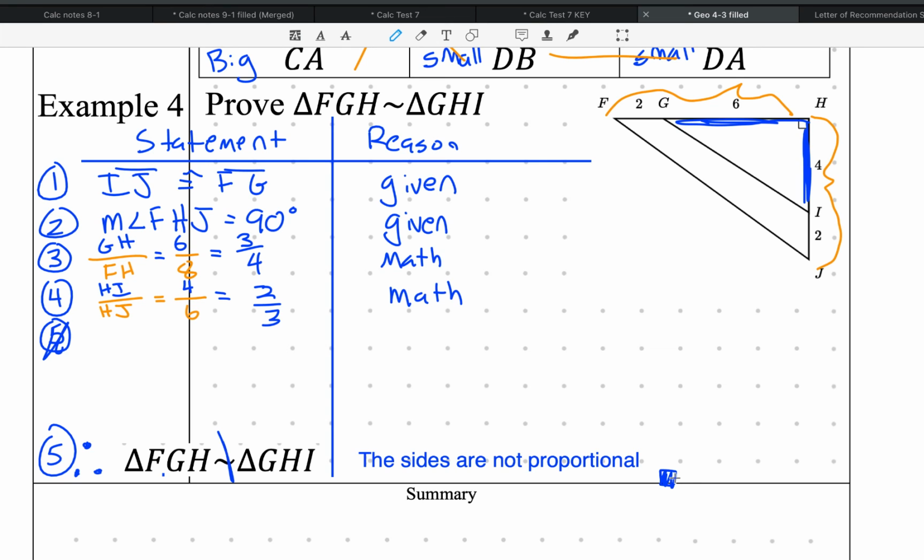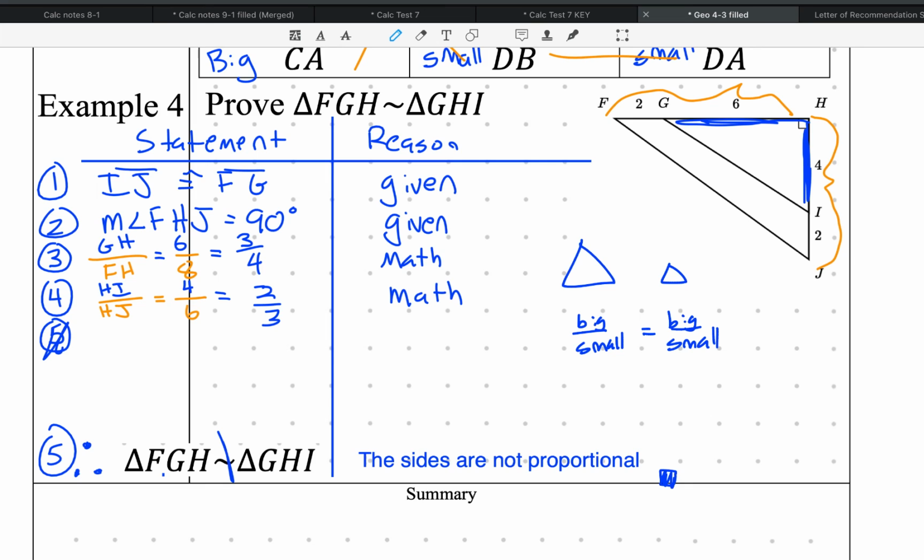Okay. Yeah, Charles. So what if the way that we did before would have worked, like the FH over HJ? That would have worked. Yeah, that should have worked, because you're still comparing. The way that proportions work, they're kind of fun. You can compare a big triangle to a small triangle and set up your proportions so that big over small is equal to big over small.